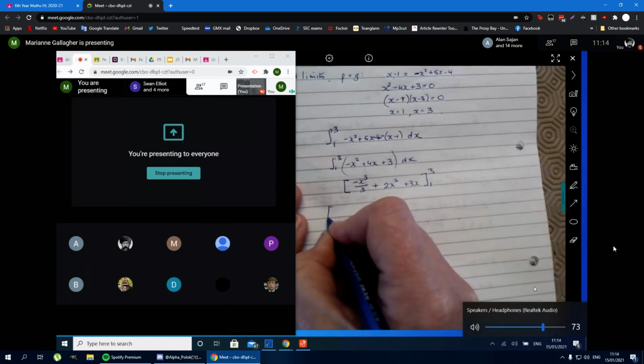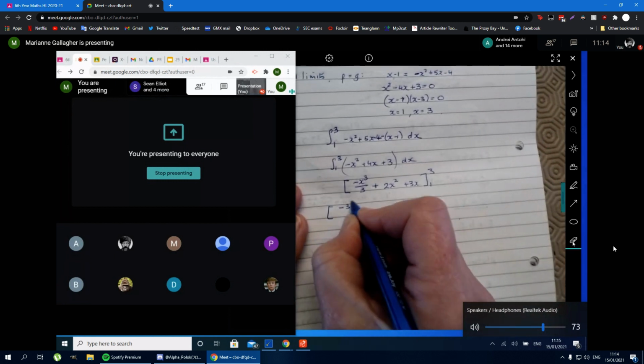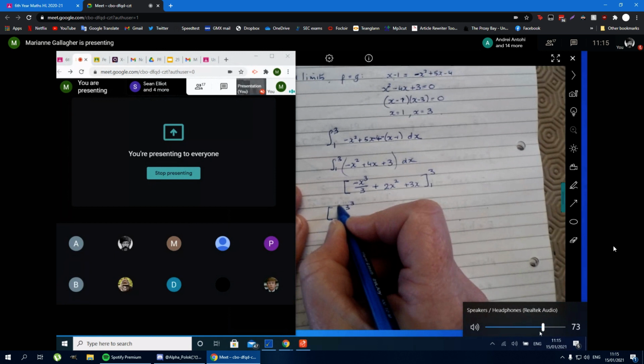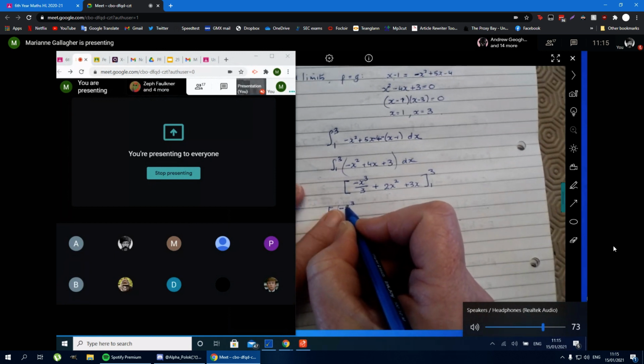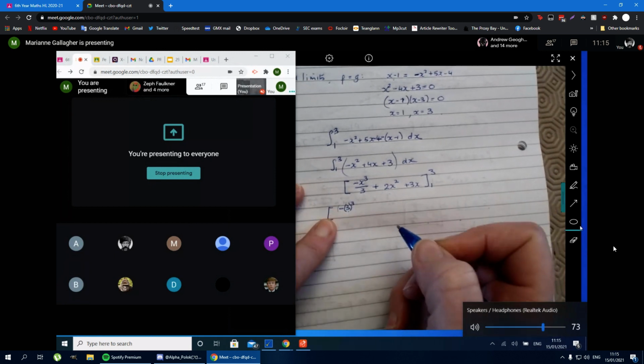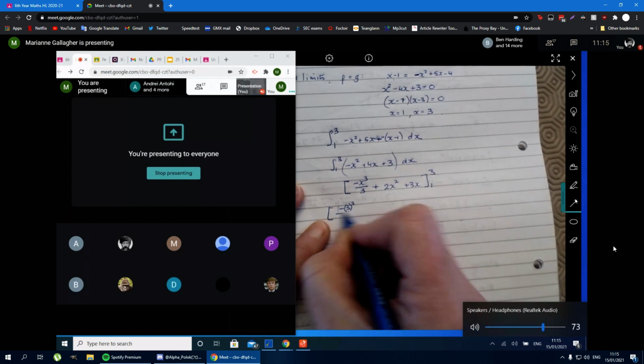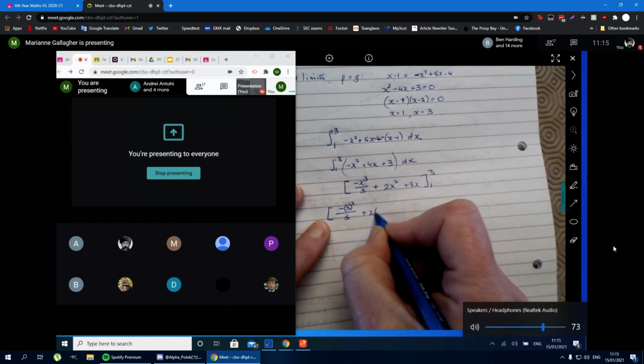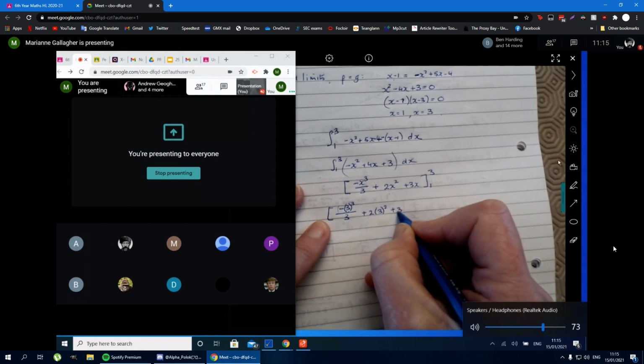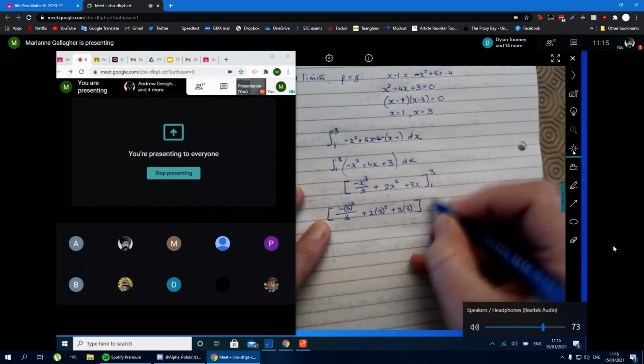So the first bracket is going to be negative 3 cubed, and do not put that all in brackets. If you're going to put anything in brackets, it's just the 3, okay? Over 3 plus 2 times 3 squared plus 3 times 3. That's my first bracket.